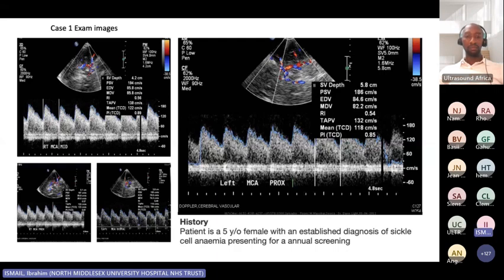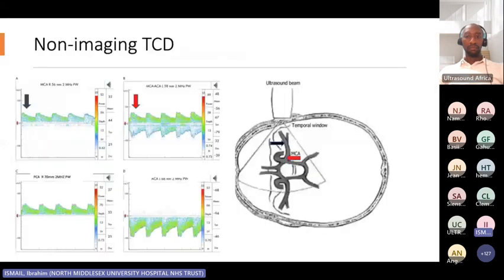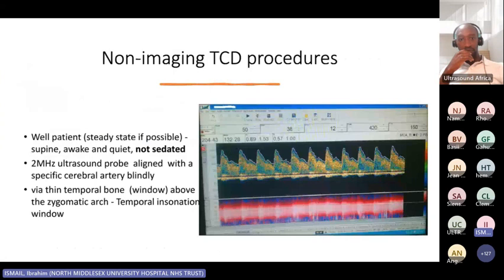If I go back to non-imaging, for example, when you're looking through the vessel, you start at a depth of, for example, 42 millimeters, and the machine allows you to go every 2 millimeters throughout the vessel itself. So you can take as many as you want, but with non-imaging, you're forced to go through the whole vessel, so you don't miss any elevated or high velocities.